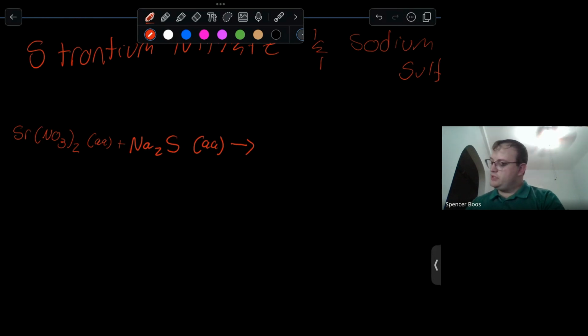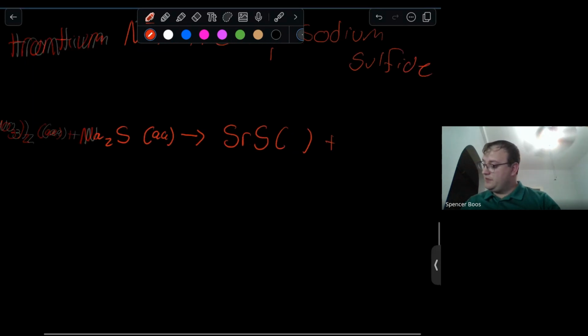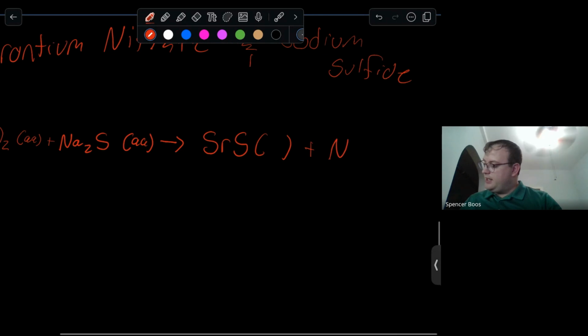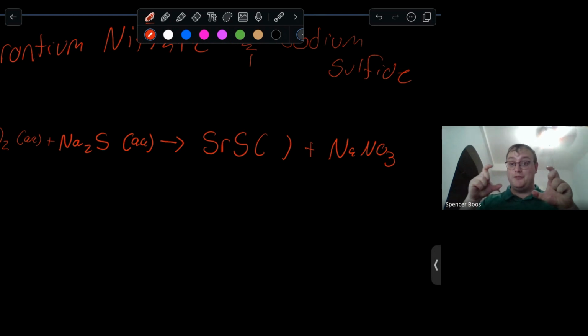This yields strontium and sulfide goes together. SrS, and then we'll determine if that's solid or aqueous in a moment, plus NaNO3. Now, again, if we look at the little half sheet, we know that all nitrates are soluble.